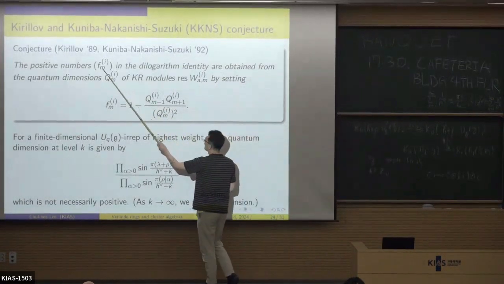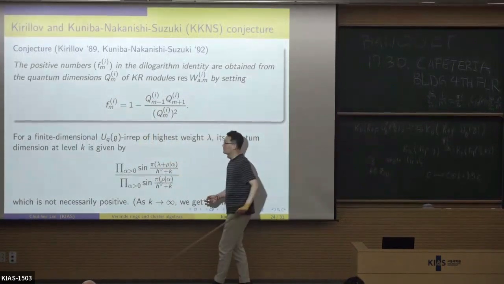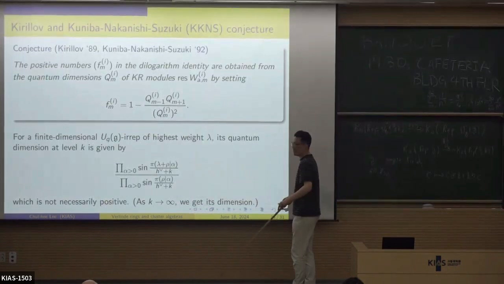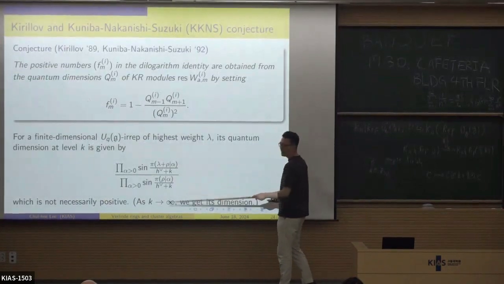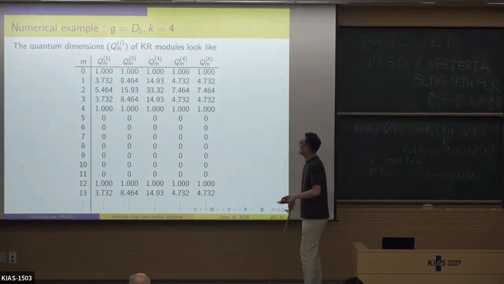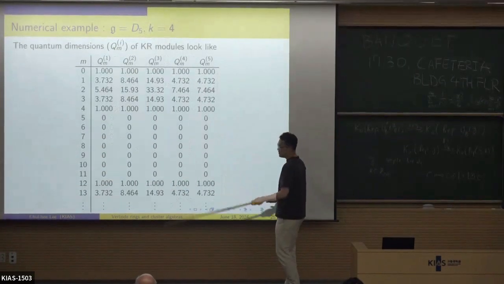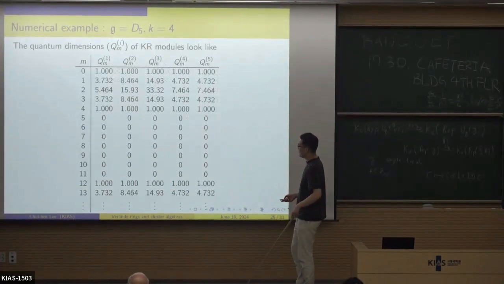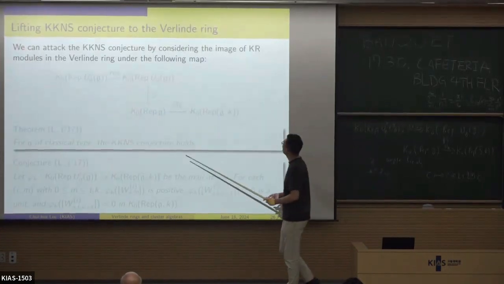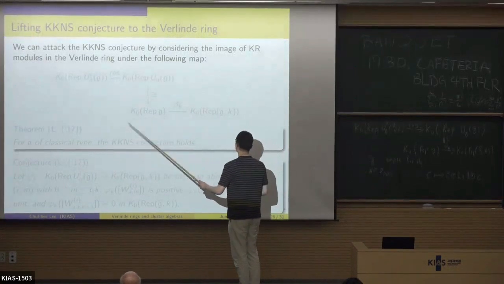But for the dilogarithm identity, we need positive numbers, and this positivity is not obvious from the definition. So this was the conjecture they wrote down in the work on dilogarithm identities. And what I found when I saw it is, actually we can use this now.